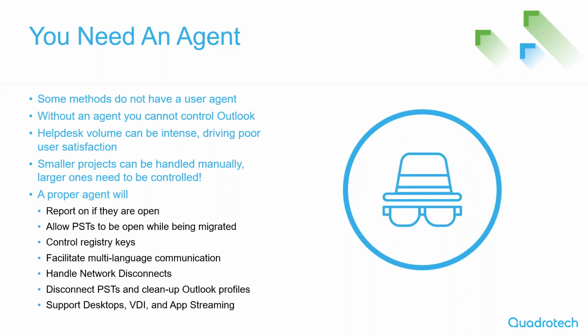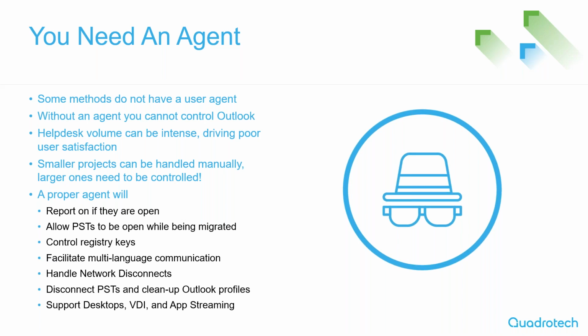You need to be able to control the registry keys so that you can implement them at just the right time. If you're a global company and your users speak multiple languages, it needs to ensure that it can handle multi-language communication. These are difficult topics, and it's always best that the prompts are presented in the user's local language. It needs to be able to handle network disconnects and kick off right where it left off, not just restart the file again.